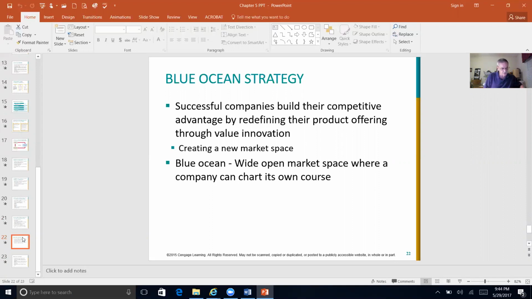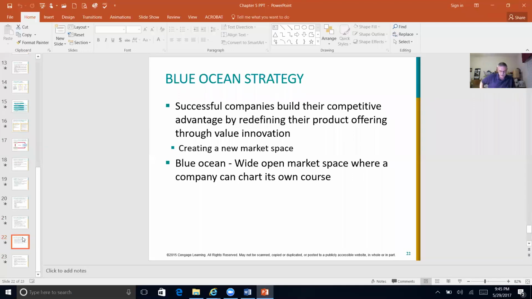And again, that value innovation is pushing out that efficiency frontier we saw over in figure 5.3 on page 161.